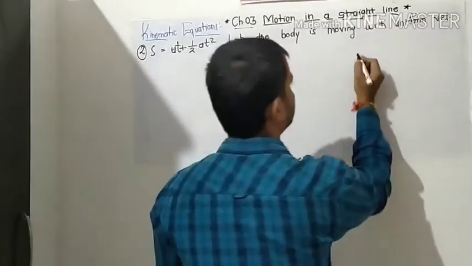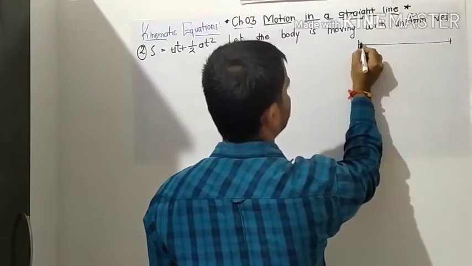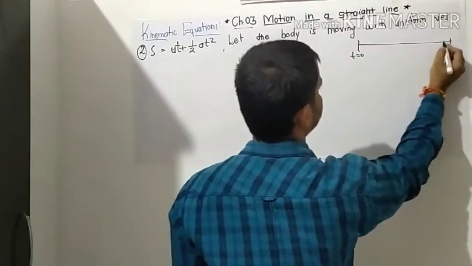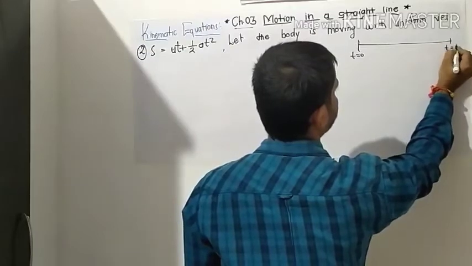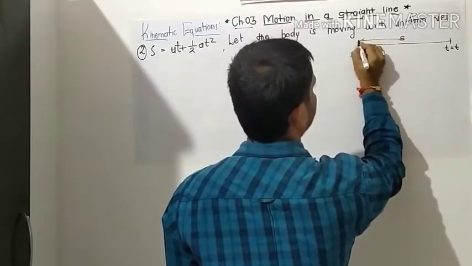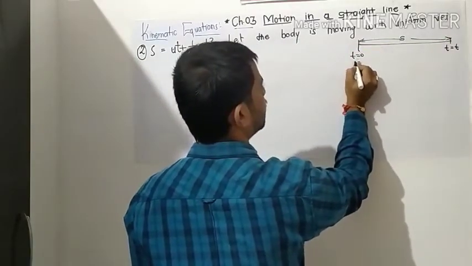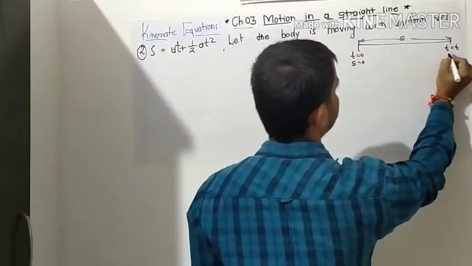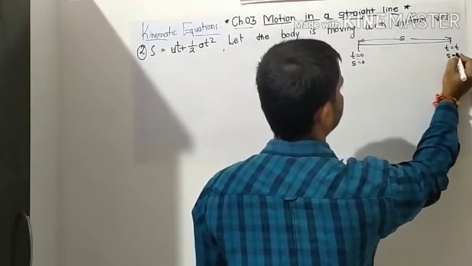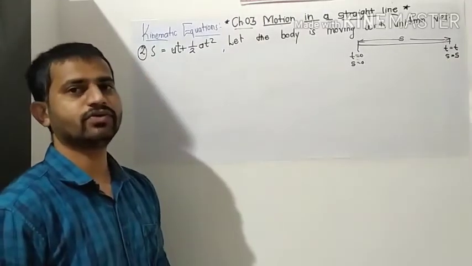So the body is covering some distance from this point to this point. Then when t is equal to 0 to t is equal to t, it will cover some distance s here. So at t is equal to 0, s is equal to 0, and at t is equal to t, our displacement is s.